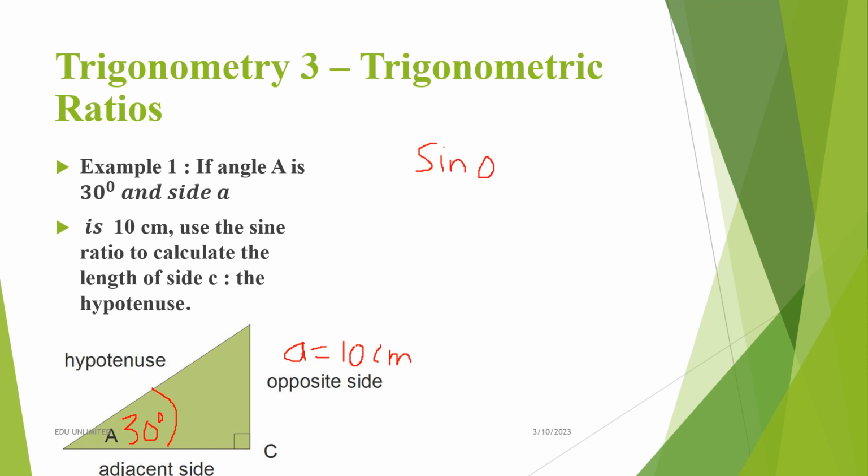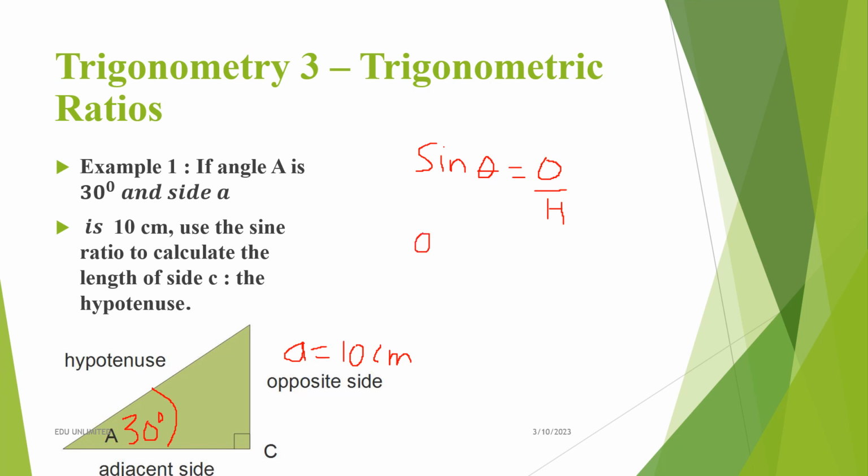So we apply the formula, which is sine theta is equal to opposite over hypotenuse. So let us put O over H to make it simple. So sine theta would be 0.5.